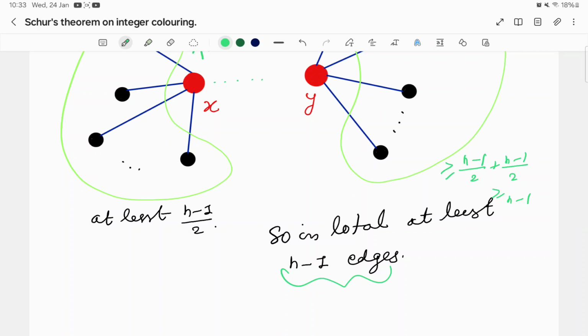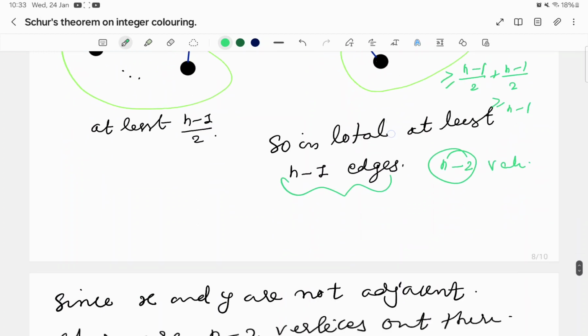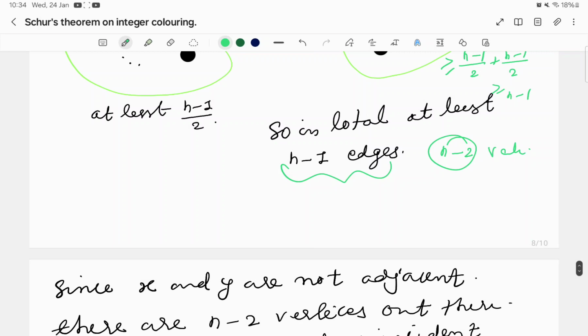But how many vertices are there? Here you have to see edges and vertices differently. So vertices are n minus 2, because already we took two vertices as the red vertices, right? So there are n minus 2 vertices, and at least n minus 1 edges are there. Now these edges must be incident to some vertices.